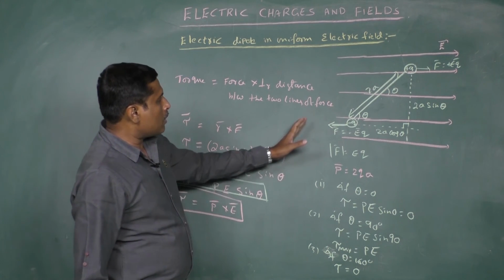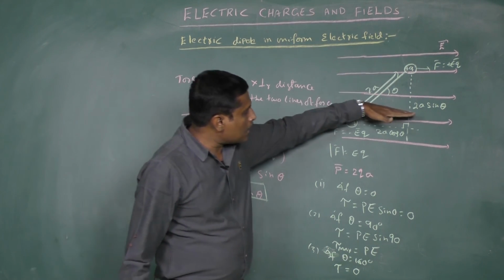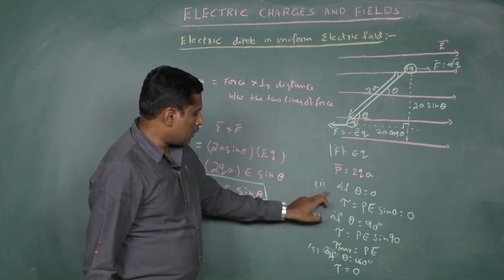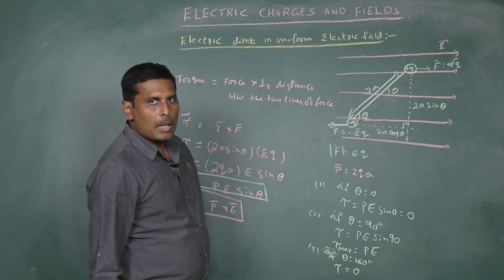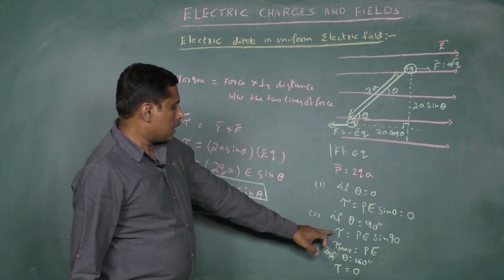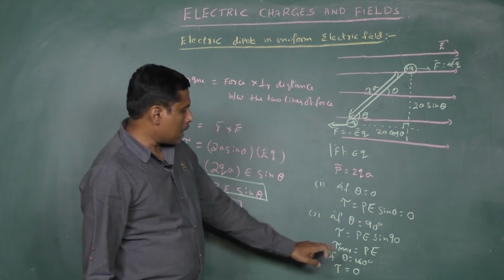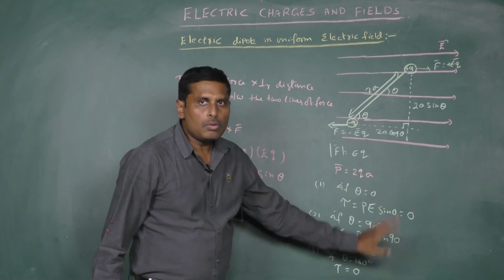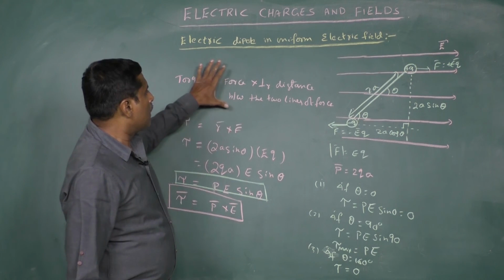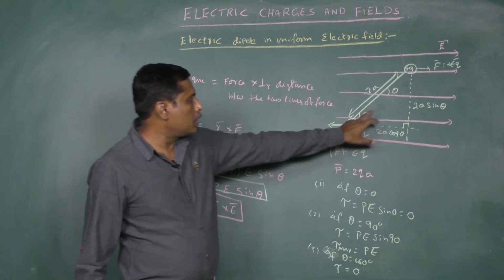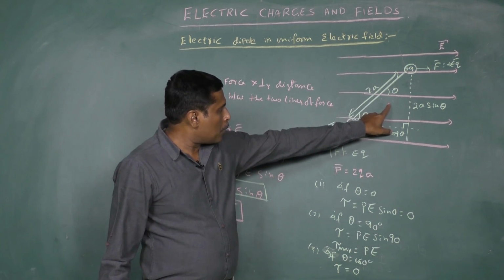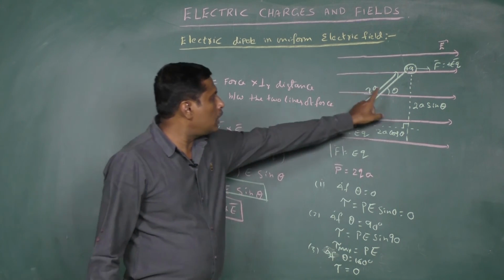So whenever the dipole is oriented in the direction of the electric field or opposite to it, the torque acting will be 0. Whenever the dipole is oriented perpendicular to the electric field, it will experience a maximum torque, equal to P into E. Therefore, whenever an electric dipole is placed in a uniform electric field, the net force acting on the dipole is 0, but it will experience only torque.